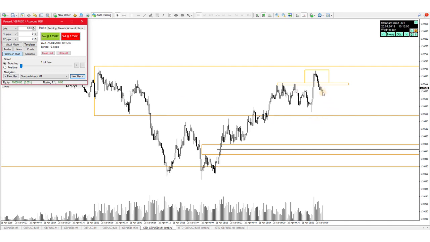Some indecision. Look guys, this is another beautiful try to invite the buyers once again, because here is probably the break of structure and movement to the upside.